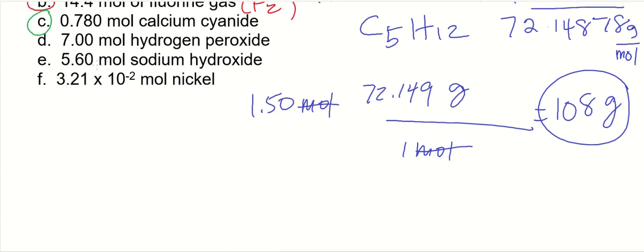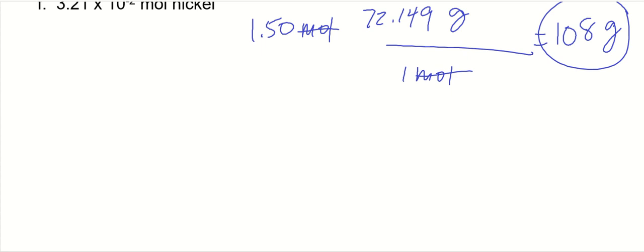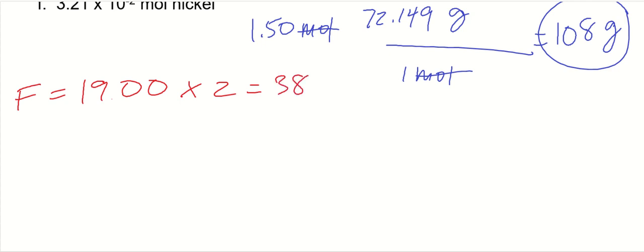B, 14.4 moles of fluorine. Fluorine. There's 2 of them. I'm not gonna write all these digits now. I'm just gonna go to 19.00. All right, and there's 2 of them. That's going to be 38.0 grams per mole.